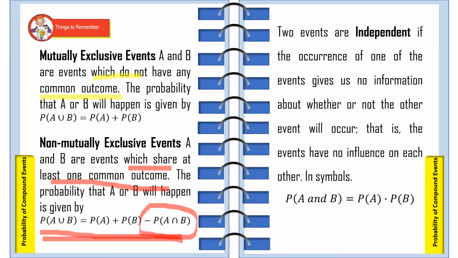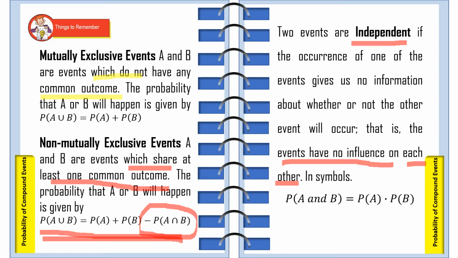Okay? Next is another kind of events under probability, the independent. Okay, so two events are independent if the occurrence of one of the events gives us no information about whether or not the other event will occur. So to remember this kind of events, take note of this: events have no influence on each other.